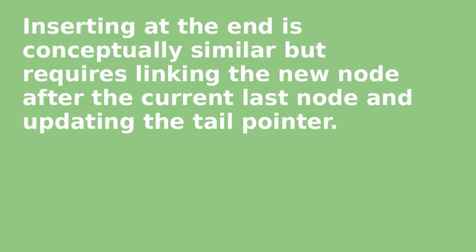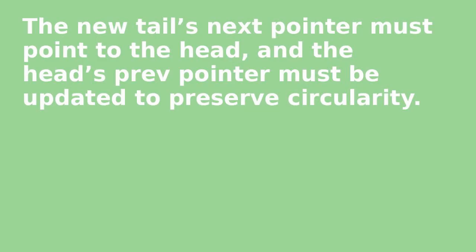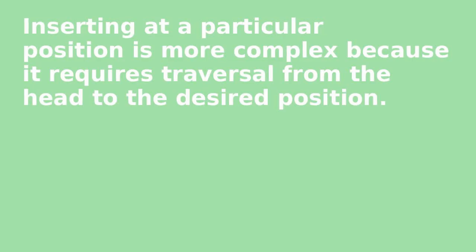Inserting at the end is conceptually similar but requires linking the new node after the current last node and updating the tail pointer. The new tail's next pointer must point to the head, and the head's prev pointer must be updated to preserve circularity. Inserting at a particular position is more complex because it requires traversal from the head to the desired position.